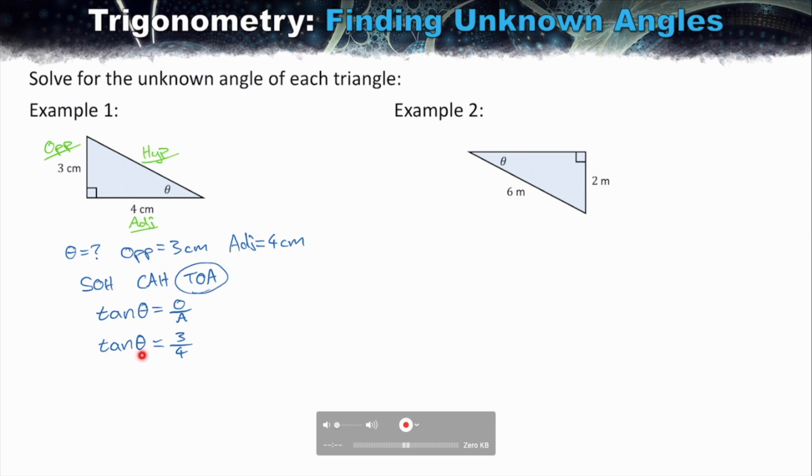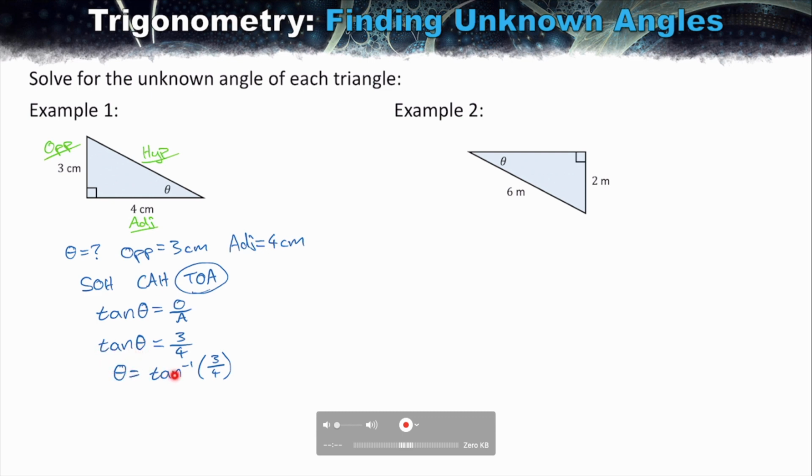There is something called the inverse of tan. So to solve this, we need to take the inverse of tan, which we write like tan to the power of -1, of whatever's on the right-hand side, in brackets. That's how we actually solve for our angle rather than the tan of our angle.